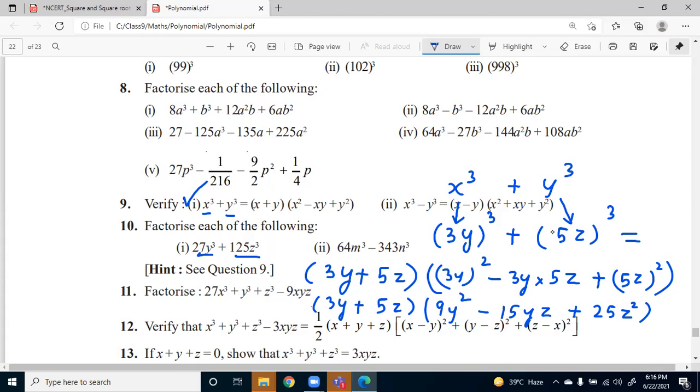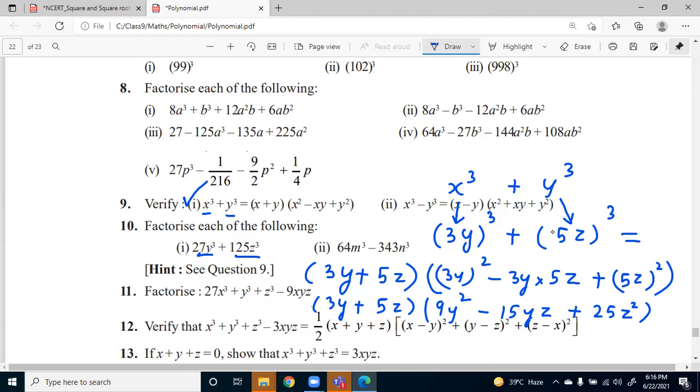So see, we have applied the identity which was verified in question number 9. If you look at the second part, there is a negative sign between these cubes.